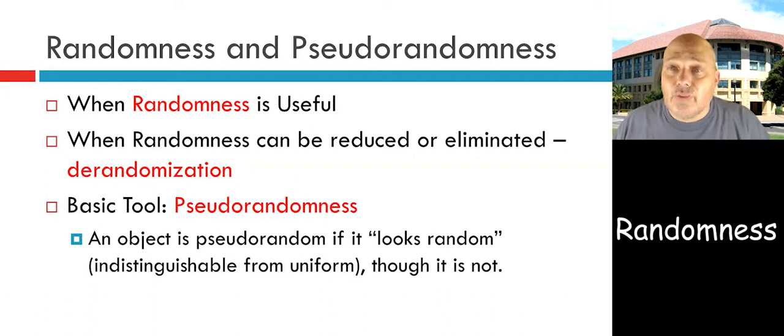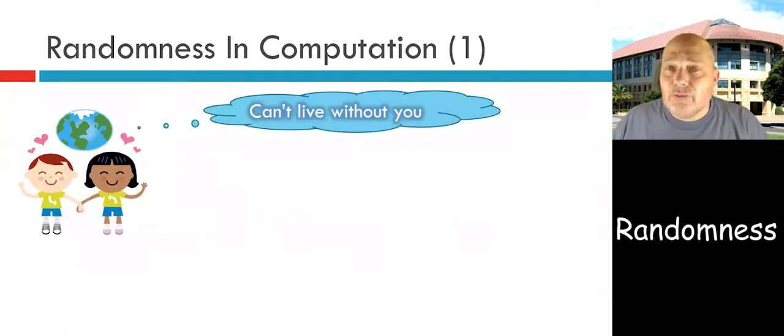Objects that look random, look like they're uniformly distributed, but in fact they are not. We won't discuss pseudorandomness as much, and definitely not as much as it deserves. It's one of the most beautiful and most powerful topics in theory, and it affected essentially every area in computer science.